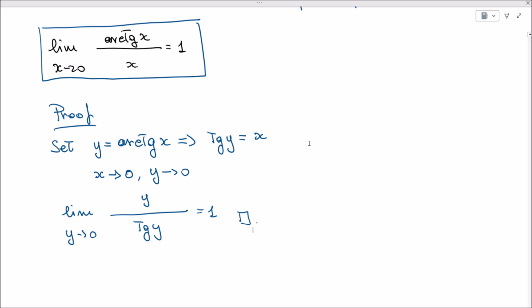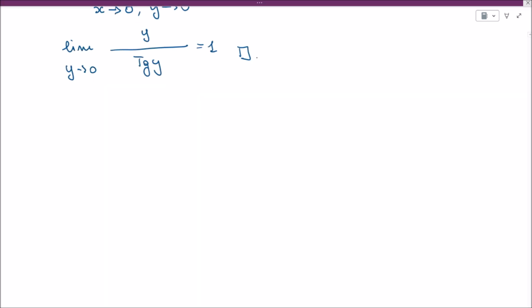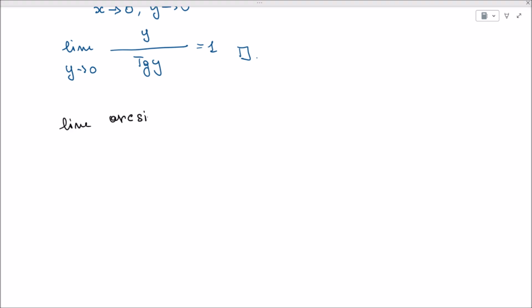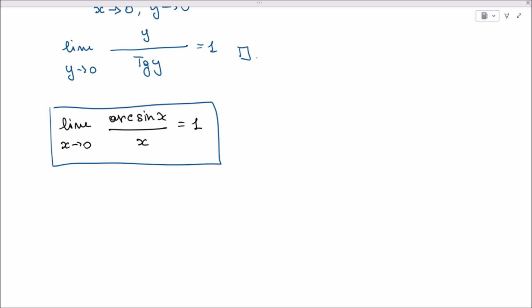Now, no wonder that if I want to prove that the limit of the arc sine of x divided by x as x goes to 0 is going to be 1, clearly this is exactly the same proof, right? Because what can we do with this proof? Okay, let's do this as an exercise.